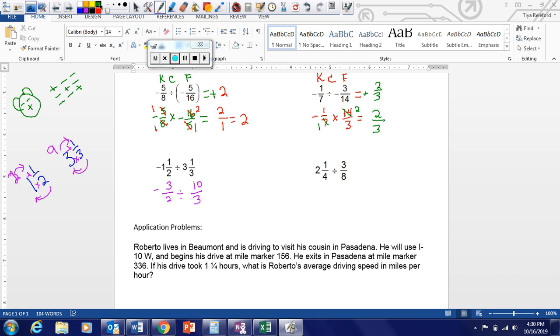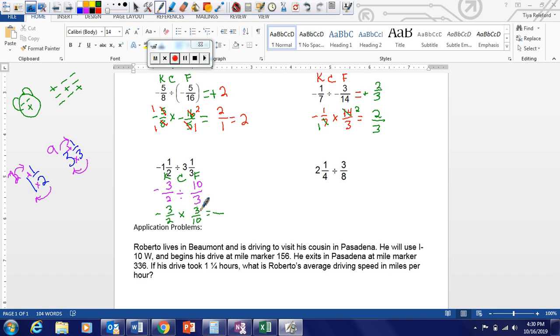Now, once I've done step 1, I'm done with this problem. I'm going to keep, change, flip. Now I can't simplify. I know my answer is negative because a negative times a positive is a negative.